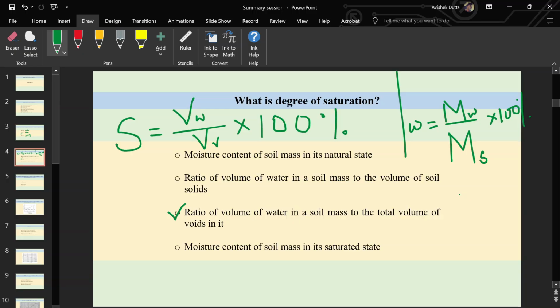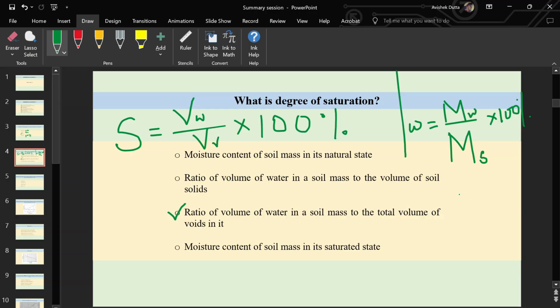Okay, so in this, index properties of soil, that's an important chapter. We need to remember one thing very specifically, that which definitions concern the volume and which definitions concern the mass. How are the index properties correlated with each other? What is the relationship between one index property with the other?